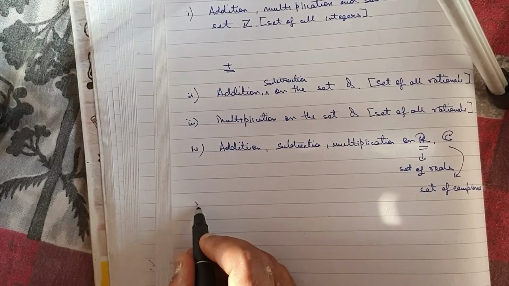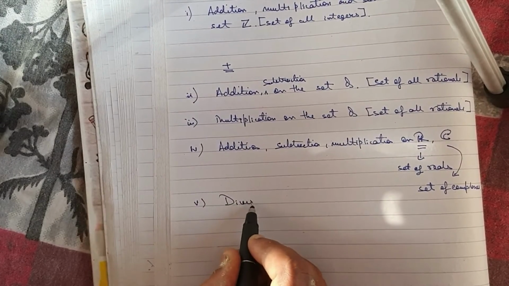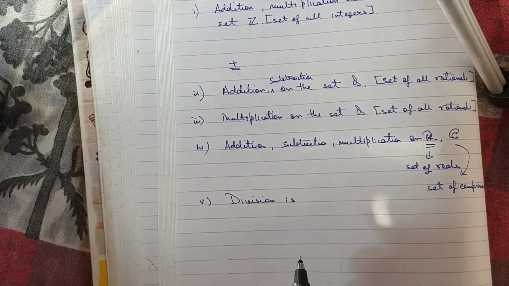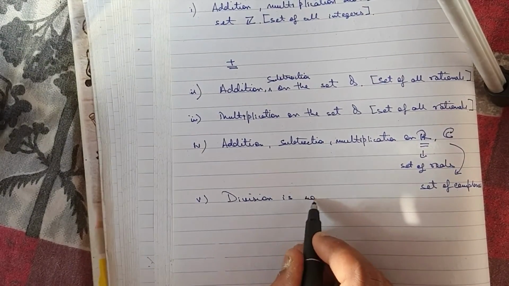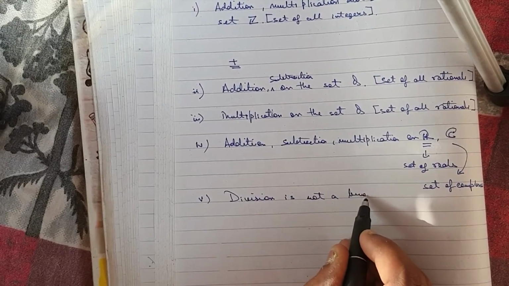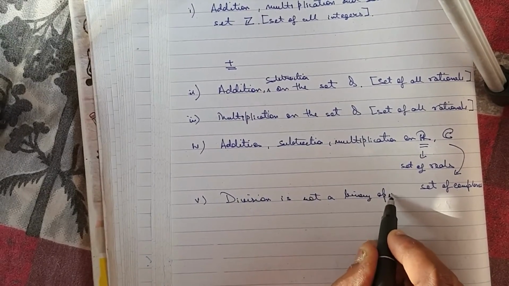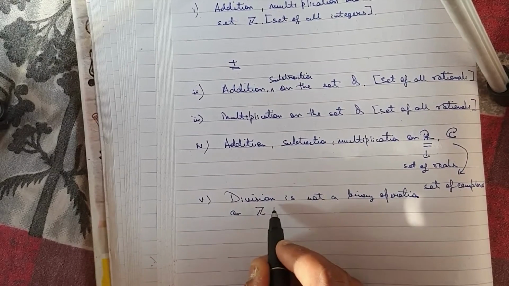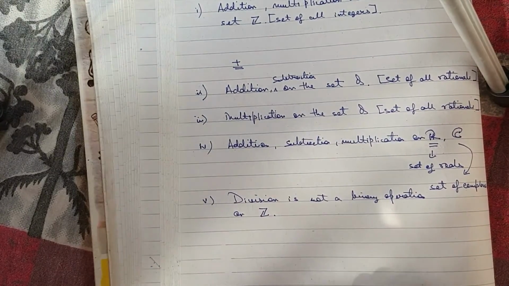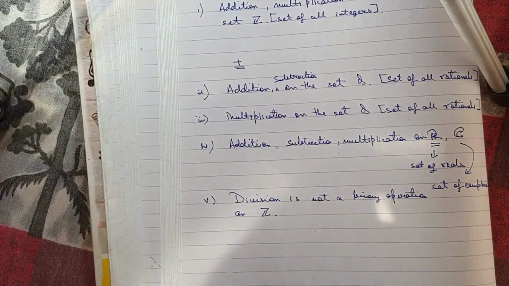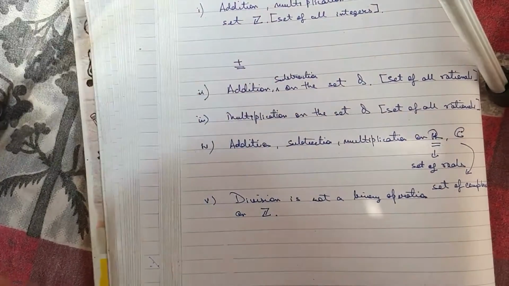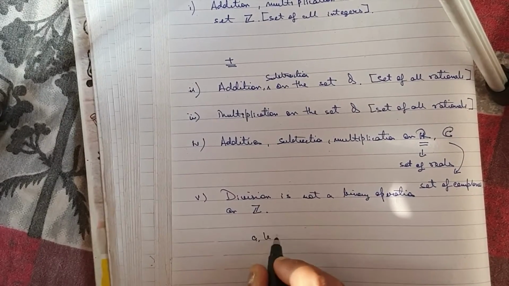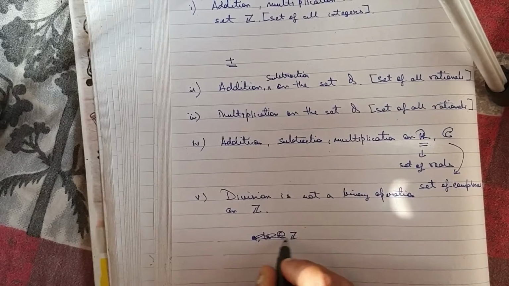Now division is not a binary operation on Z. Now this is a bit of common sense. You can easily calculate why division is not a binary operation on Z. Suppose A and B belong to Z. Suppose, let me take a direct example.